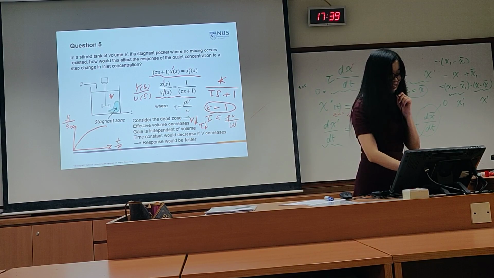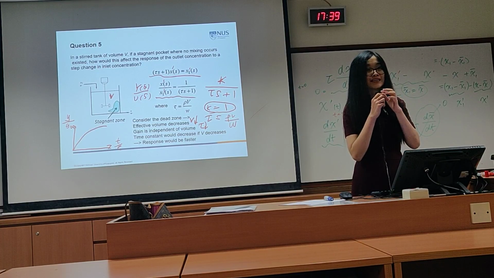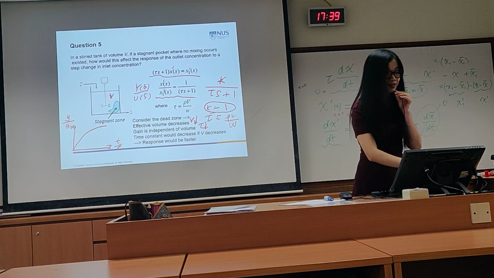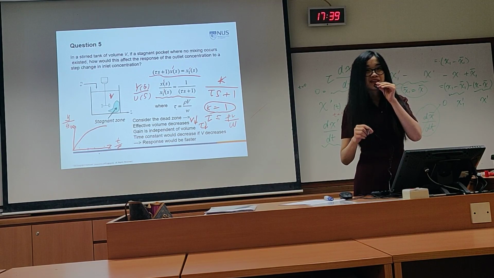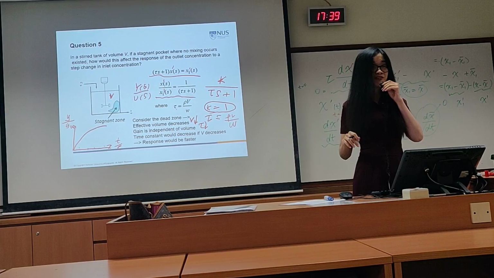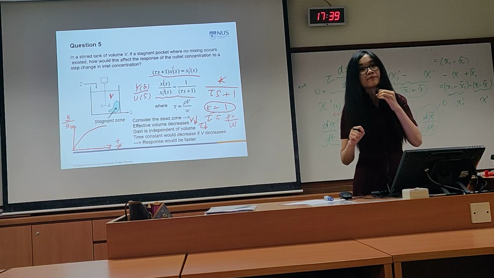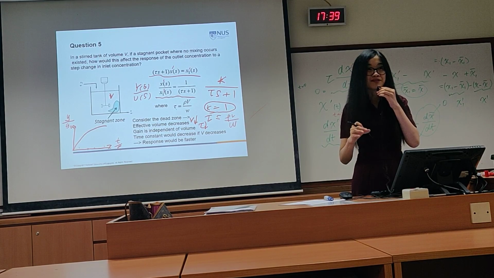We discussed that if tau is larger, it means that we need more time to reach a steady state. Well, here my tau becomes smaller, so within a shorter time, I would be able to reach a steady state. That's how my system response becomes faster because of this dead zone.